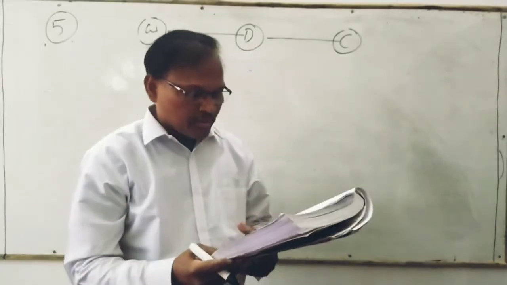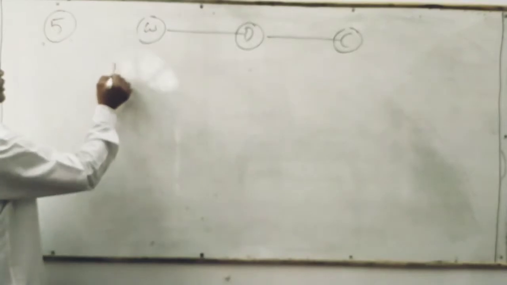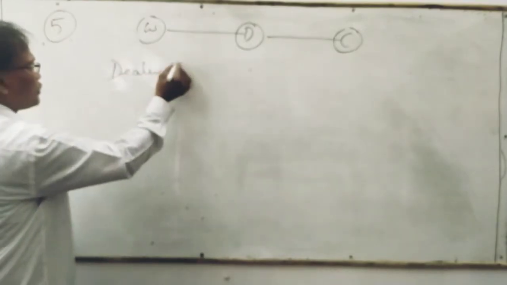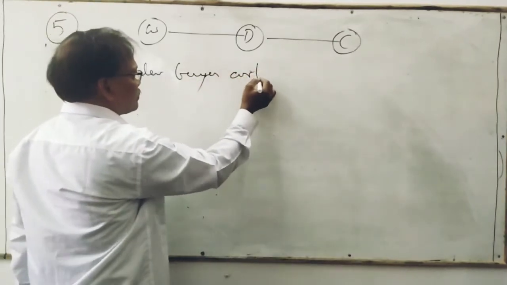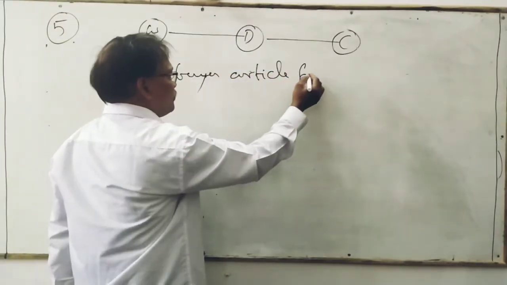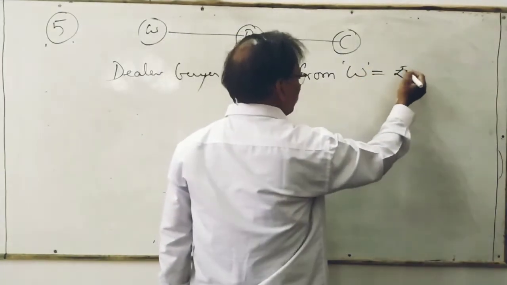In this, the dealer buys the article from wholesaler at rupees 6,000.